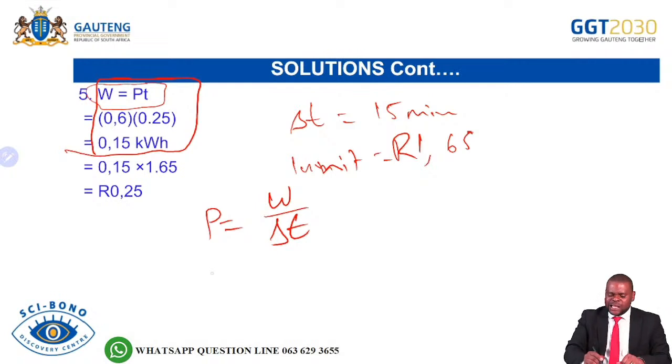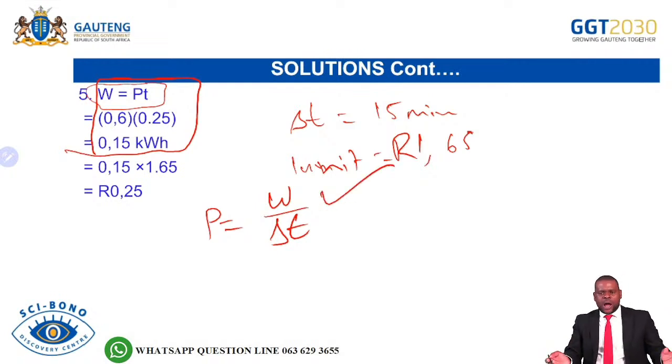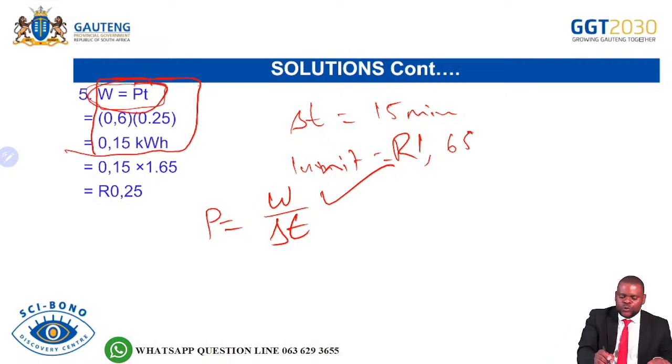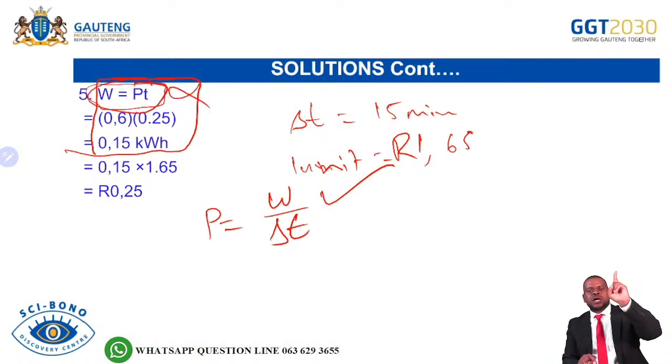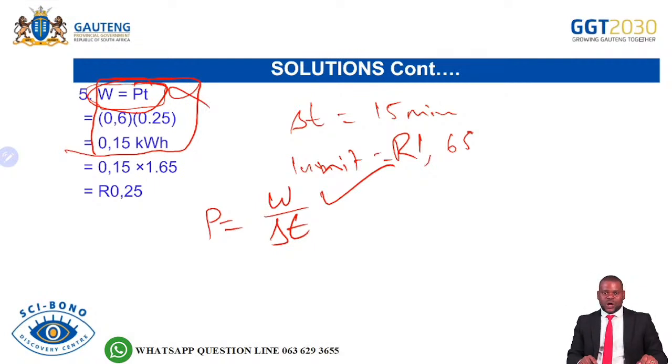If you copy it exactly like this, then you already have 1 mark. But if you write like this, you will miss that 1 mark that we give for choosing the correct formula. Yes. Let's write it the way it's given in the exam guideline or in the formula sheet.